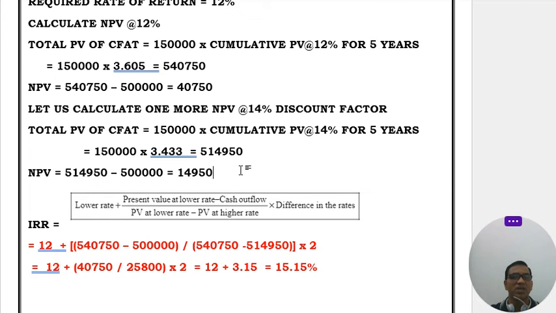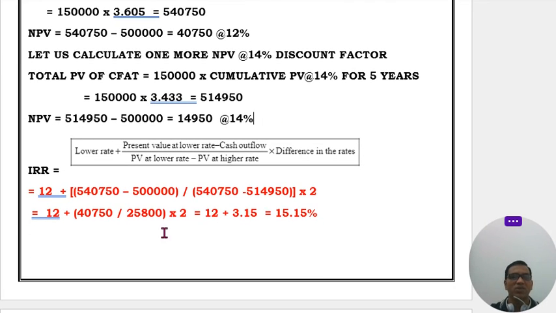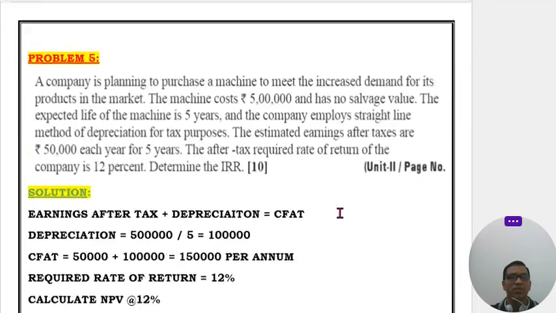So two NPVs are there: this is NPV at the rate of 12% and this is NPV at the rate of 14%. Then I apply the interpolation formula, substitute the values in the formula. The internal rate of return of the project is 15.15%. This is the one examination problem we solved.